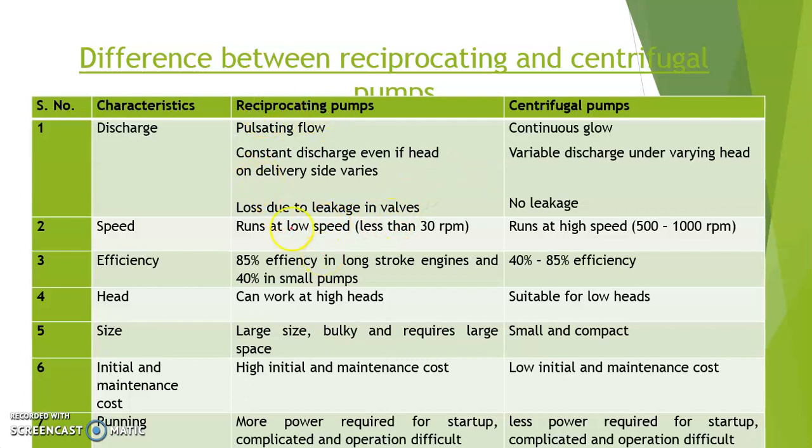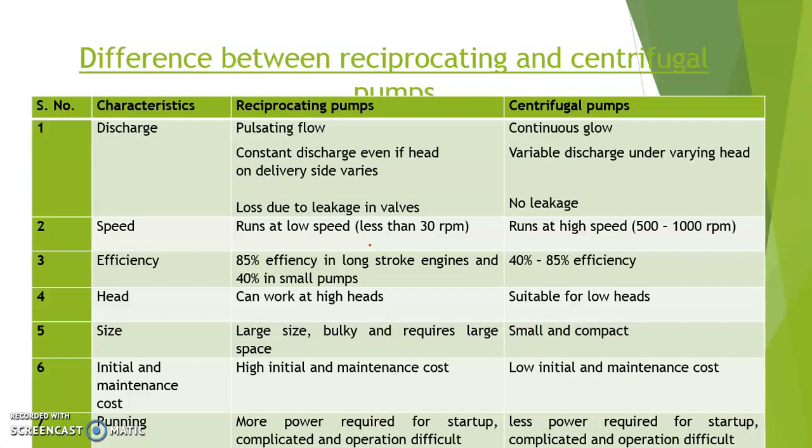Then in a reciprocating pump, there are losses due to leakage in valves, and in a centrifugal pump, there is no such leakage. On the basis of speed, reciprocating pumps operate at low speed, whereas centrifugal pumps operate at high speed. Efficiency is more in a reciprocating pump.